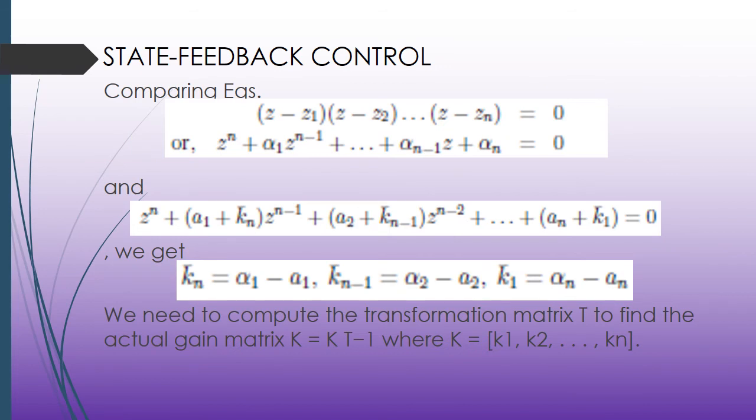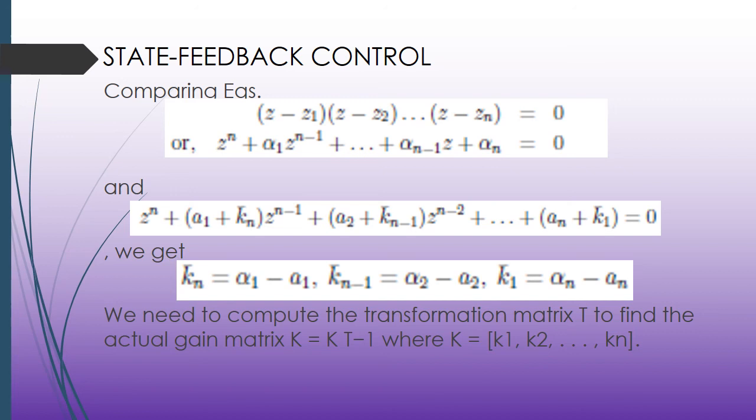After comparing the two equations, we get k_n equal to α_1 minus a_1, k_{n-1} equal to α_2 minus a_2, until you reach k_1 equal to α_n minus a_n.